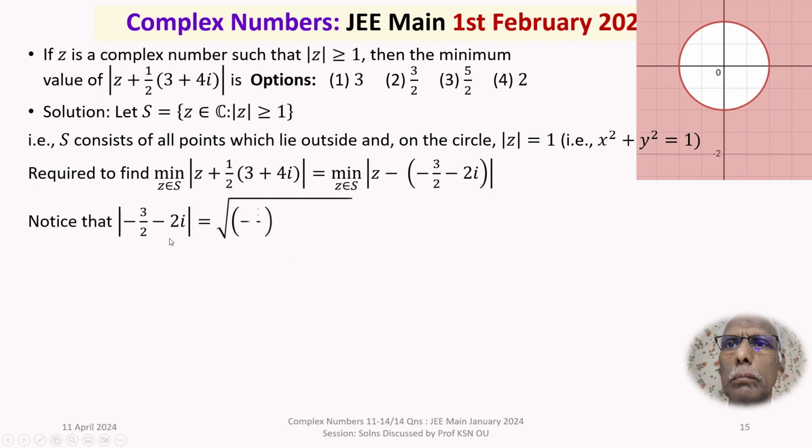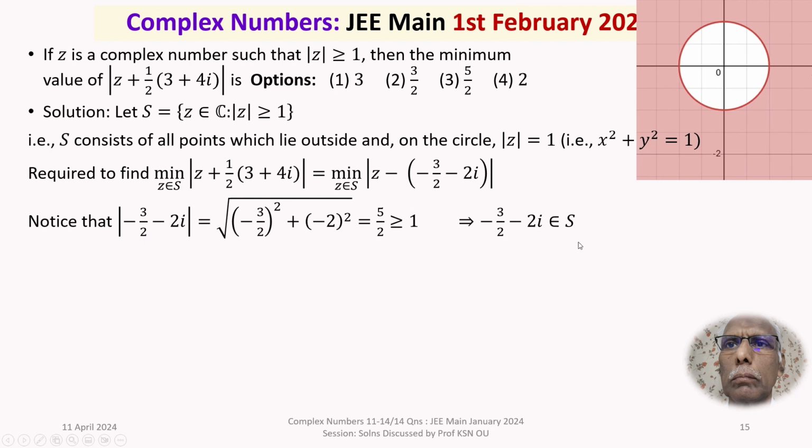Notice that for the point minus 3 by 2 minus 2i, the modulus is equal to the square root of (minus 3 by 2) whole square plus (minus 2) whole square. That is equal to 5 by 2, which is greater than or equal to 1. So that means this point, minus 3 by 2 minus 2i, belongs to S and will lie in the exterior.